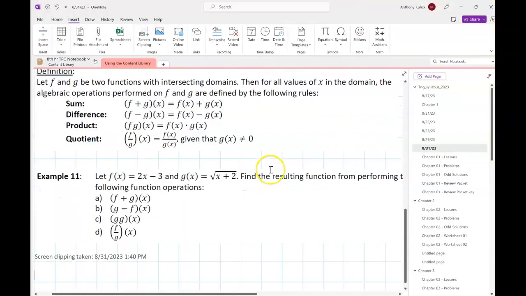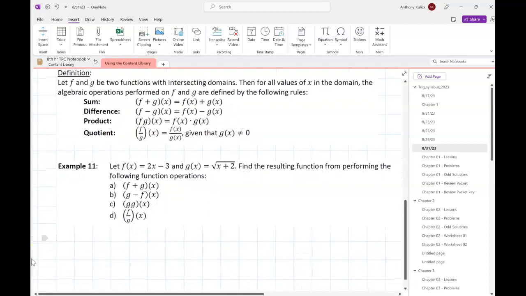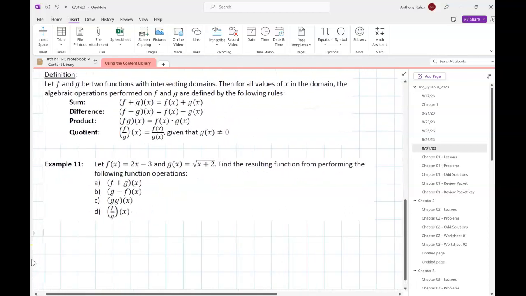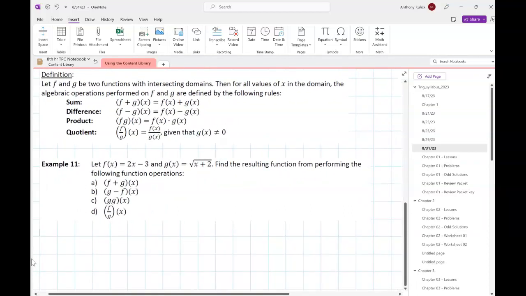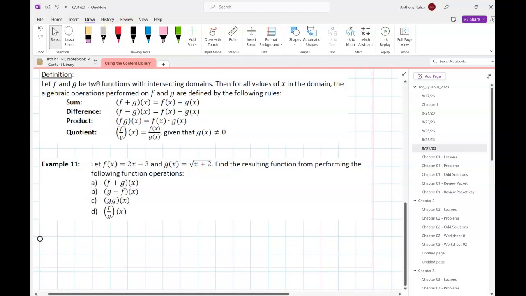Just for the sake of example, let's run through and do a couple here. Make that a little smaller. There we go. So let's look at a couple of examples. In this one, we're going to define the function f of x as 2x minus 3 and g of x as the square root of x plus 2.